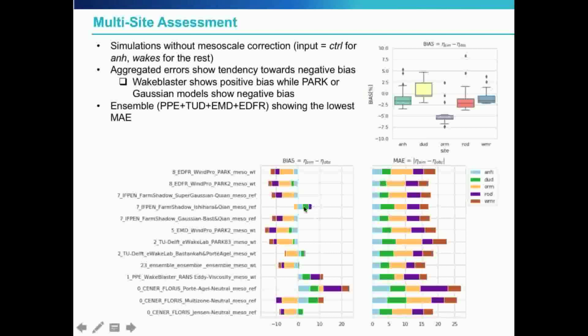A few of them do the opposite, and therefore the ensemble gives you the best results, if you will. That's the advantage of an ensemble: you can compensate errors from one or the other. The FLORIS model you see here on the bottom was only using neutral conditions, and actually is an earlier version of FLORIS, so not the newest one.